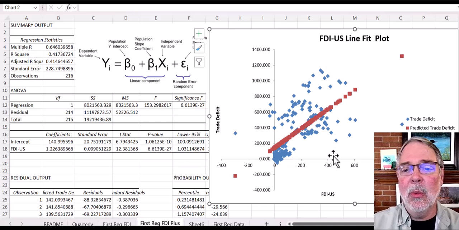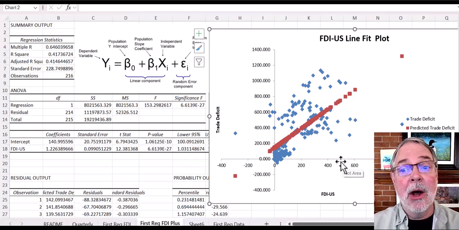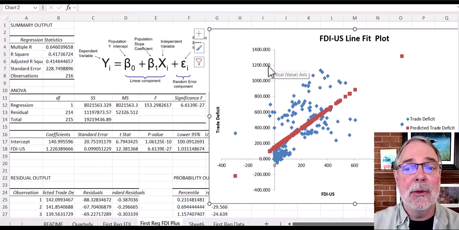Basically, all the blue diamonds are essentially a scatter plot of our data. We have on the x-axis the x variable, the foreign direct investment in the U.S., and on the y-axis, the trade deficit.